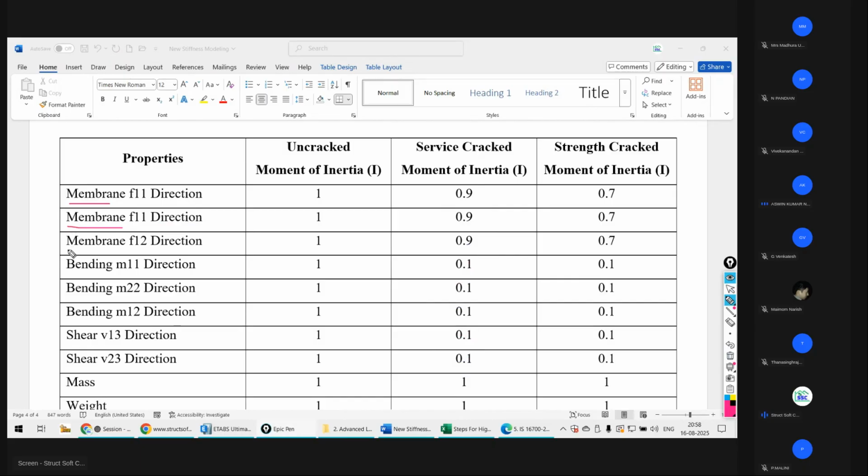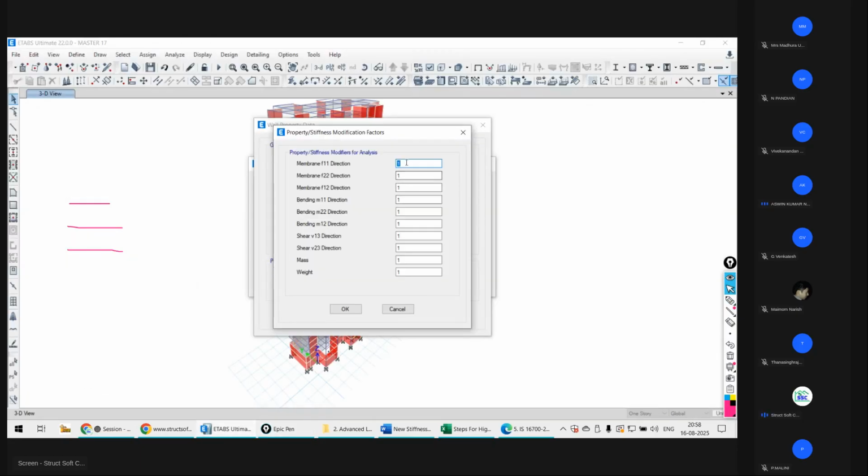We would like to make it a membrane, so the membrane element will act stiff enough in its in-plane directions. Getting my point? So for the case of the shear wall, we have to define it as 0.9. Getting? And now out of plane stiffness we are not going to utilize at all.